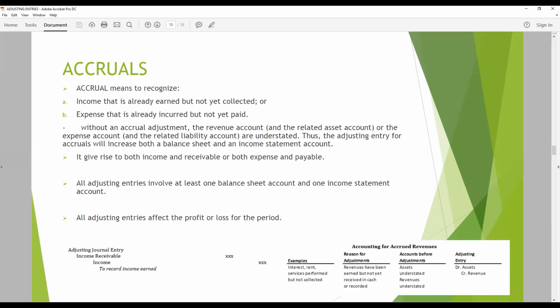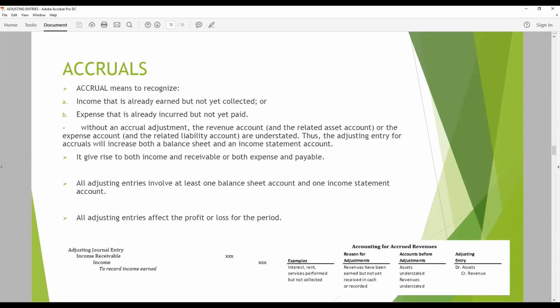Okay? So without an accrual adjustment, the revenue account and the related asset account, or the expense account and the related liability account, are understated. Thus, the adjusting entry for accruals will increase both a balance sheet and an income statement account. It gives rise to both income and receivable, or both expense and payable.